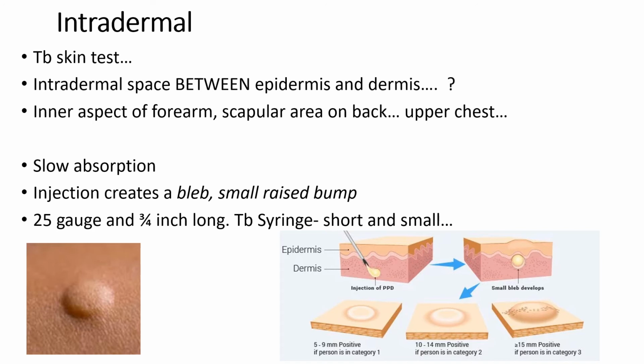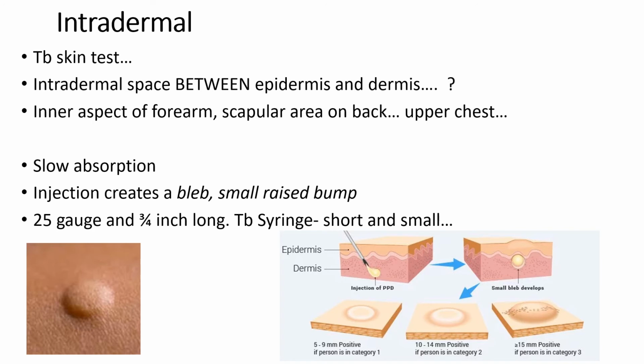You'll see the results in the bottom right-hand corner. Once you have a little bleb, if it develops into X millimeters, it's positive or negative. They usually check those tests within about 48 hours.